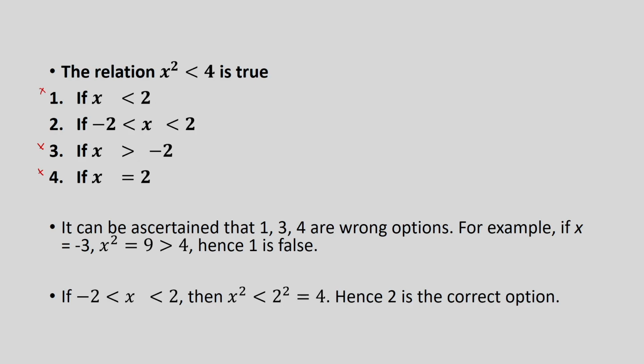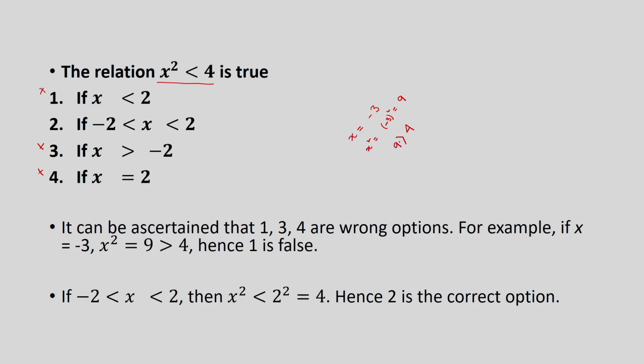Why are they not correct? Let us take one example. The first one, let us see, if x is less than 2, right, will it satisfy this? For example, if you take x is equal to minus 3, right, then what is x square? X square is equal to minus 3 square, which is 9, but 9 is greater than 4.